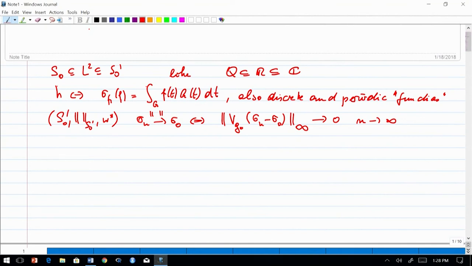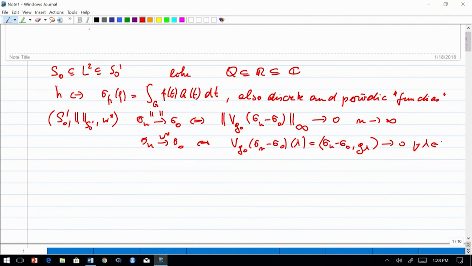Norm convergence is very good. We are in a dual space, but we should go for weak star convergence. I'm writing sigma 0 is the weak star limit of sigma n, if and only if we can write it in this way: sigma 0 of lambda, which is the scalar product of sigma n minus sigma 0 applied to my Gabor atom sitting at position lambda, is going to 0 for every lambda in our time frequency plane.